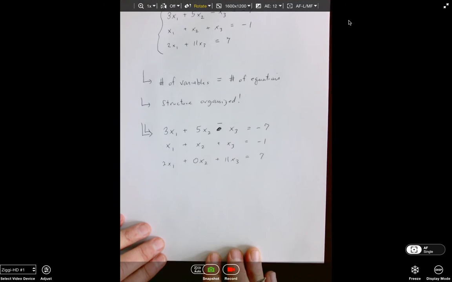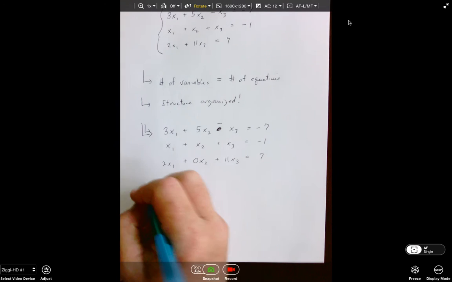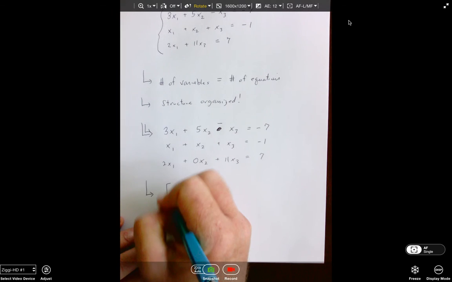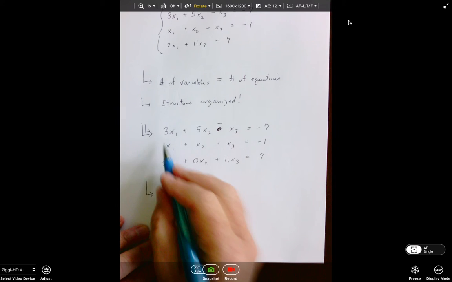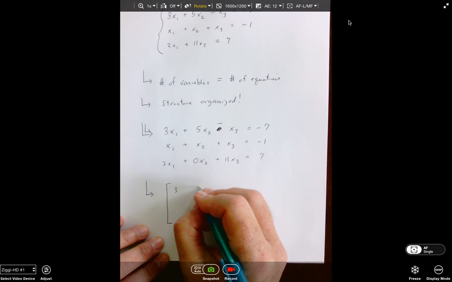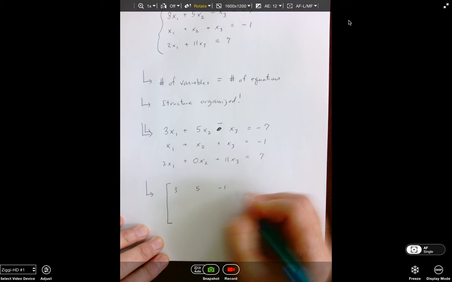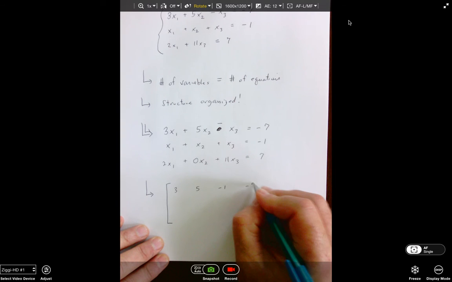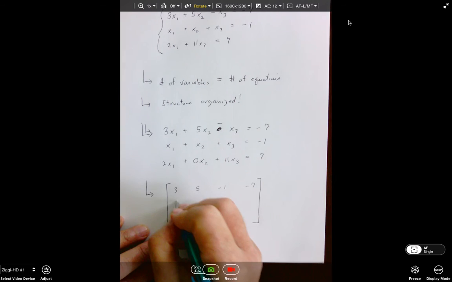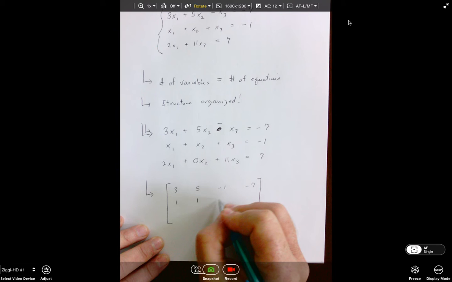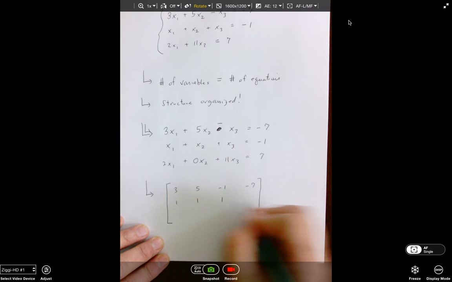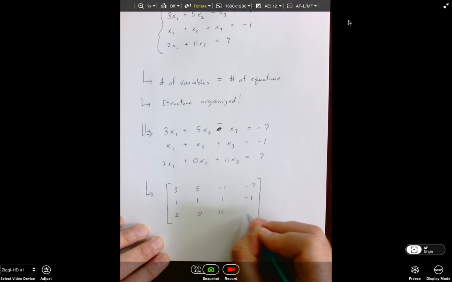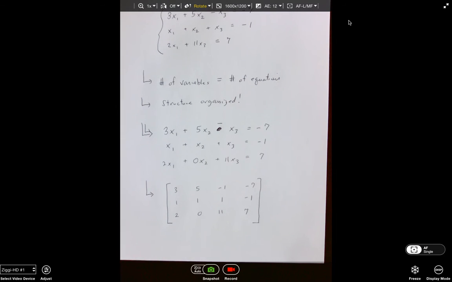What I'm now going to do is create my augmented matrix. 3, 5, negative 1, negative 7, 1, 1, 1, negative 1, and 2, 0, 11, 7.